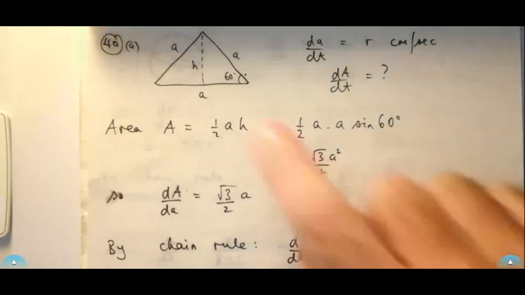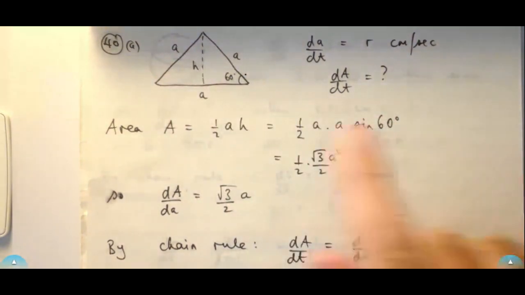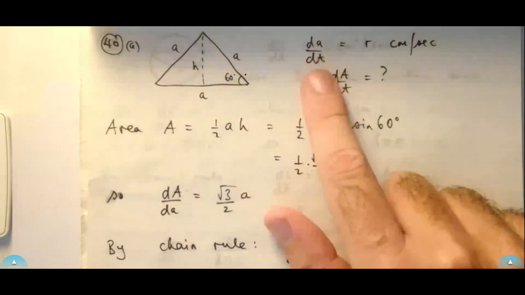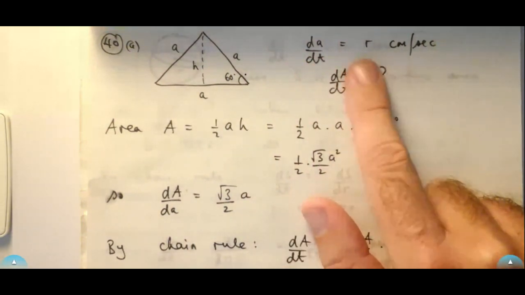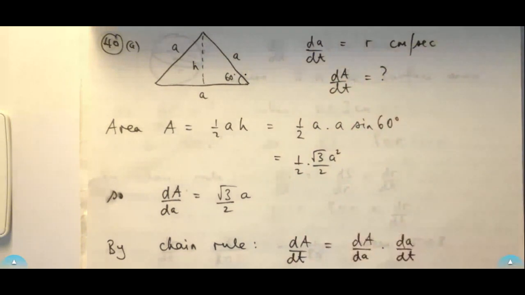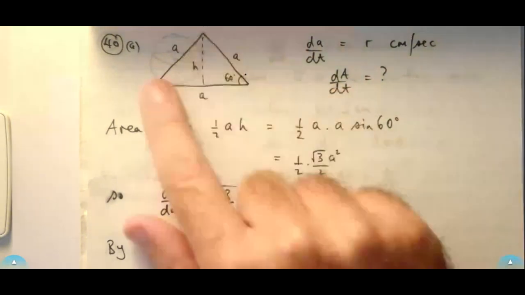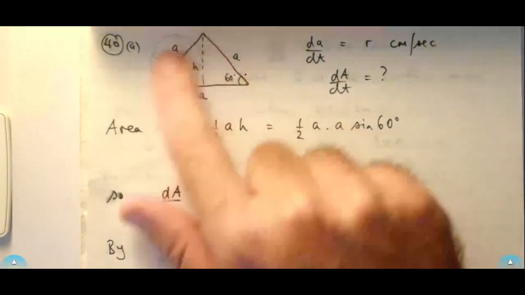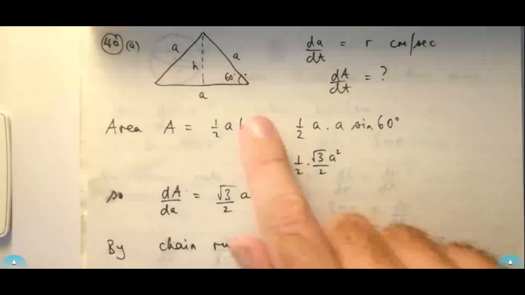All right. So in this problem, you've got an equilateral triangle, and you're told that the length of the sides are increasing at r centimeters per second. The question is, what is the rate of change of the area? So I've drawn my equilateral triangle, and I've worked out the area.